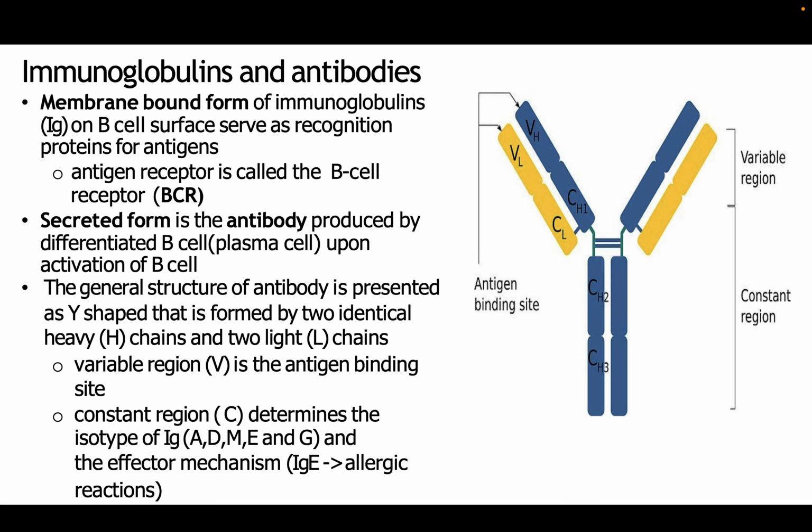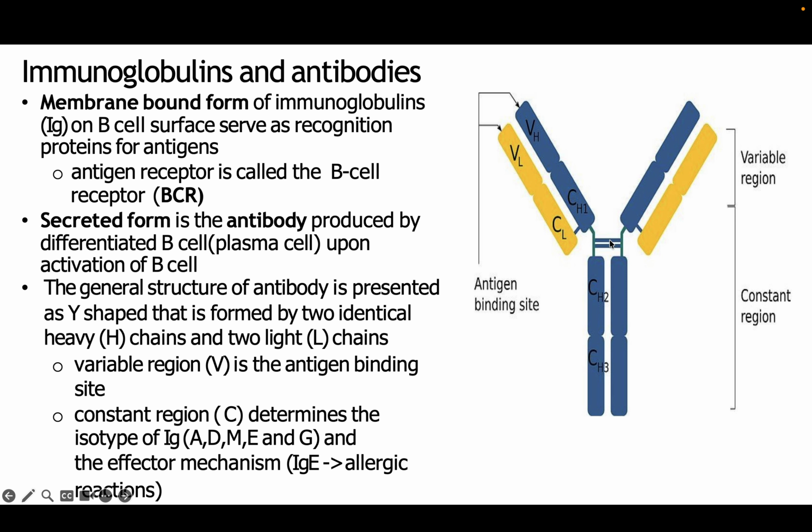For example, if you have an IgE, this antibody is more for allergic reactions. If you have an IgG, it's more for bacteria. If you have an IgA, that is more for mucosal sites. If you have IgM, it's much more for complement activation, actually. And we're going to talk a lot about them in general. So the constant regions are constant because within one antibody type, they're the same.